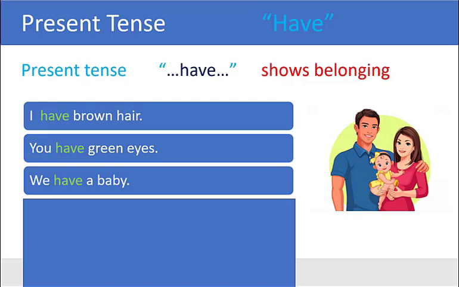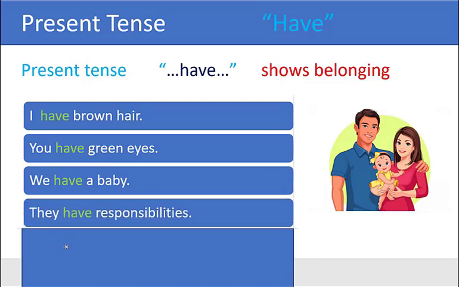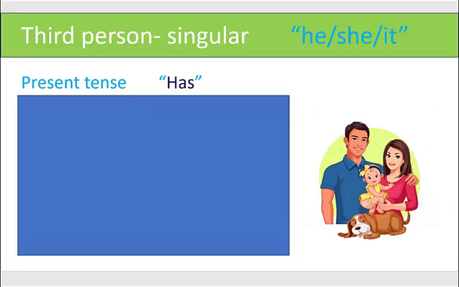So the have doesn't change. And if I'm talking in third person about somebody else, then I could say they have responsibilities. So the have in each of these cases has not changed. Now this does not always stay like this, and we will see that in the next slide.